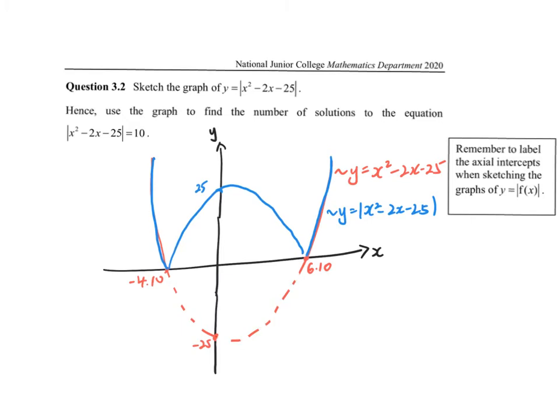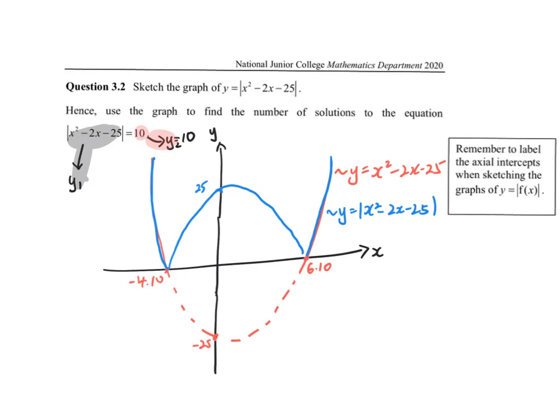Now we can find the number of solutions. The next step is to find the number of solutions to the equation modulus of x squared minus 2x minus 25 equals 10. How do we do that? This is the graph that was sketched. Now all we do is sketch the other graph, that is y2 equals 10. The points of intersection between the first graph and the second graph will give us the solutions.